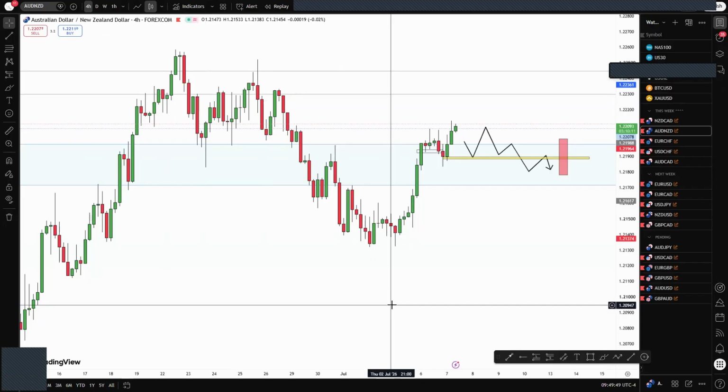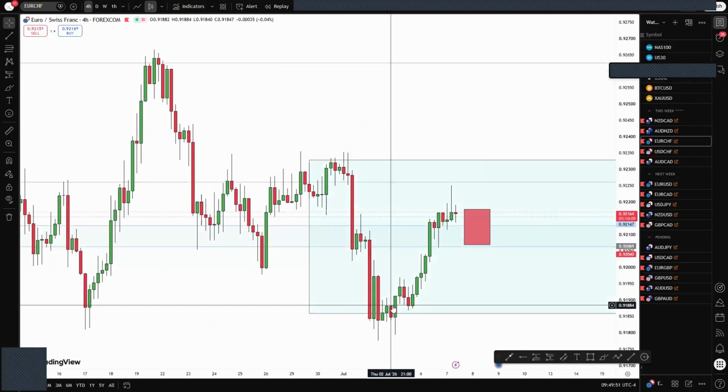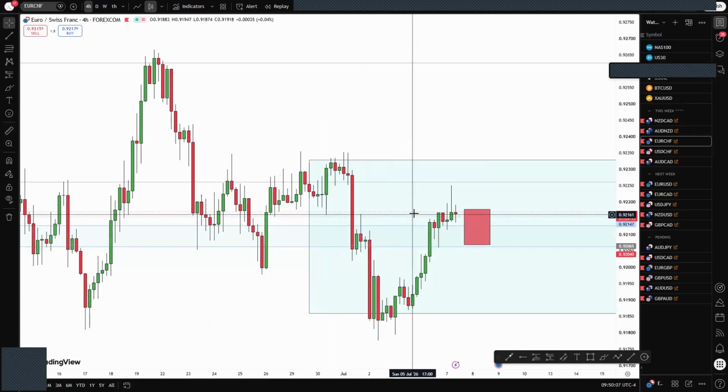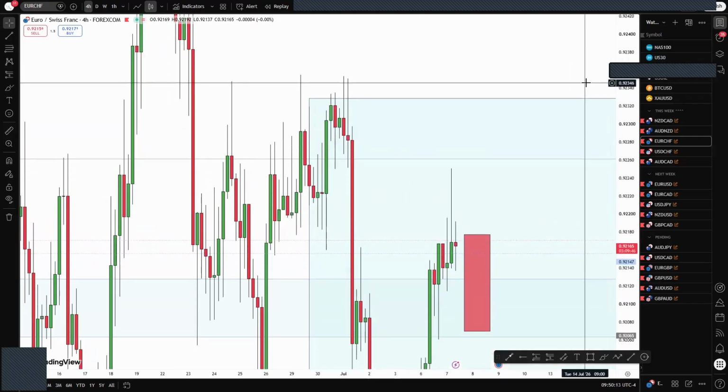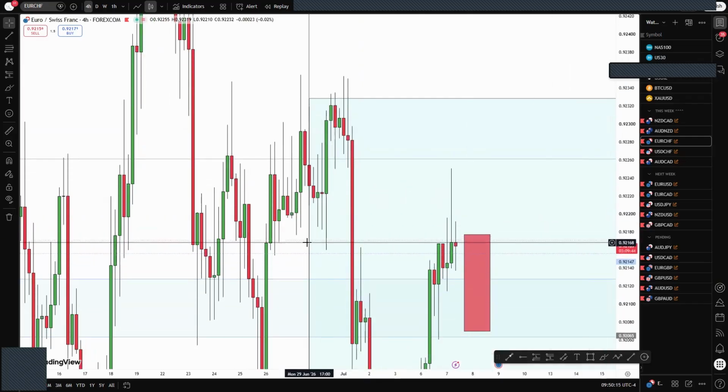So that's that. The mirror, CHF. Remember what I was telling you? I need the nice high and the higher low. What do we have here? Big price break.